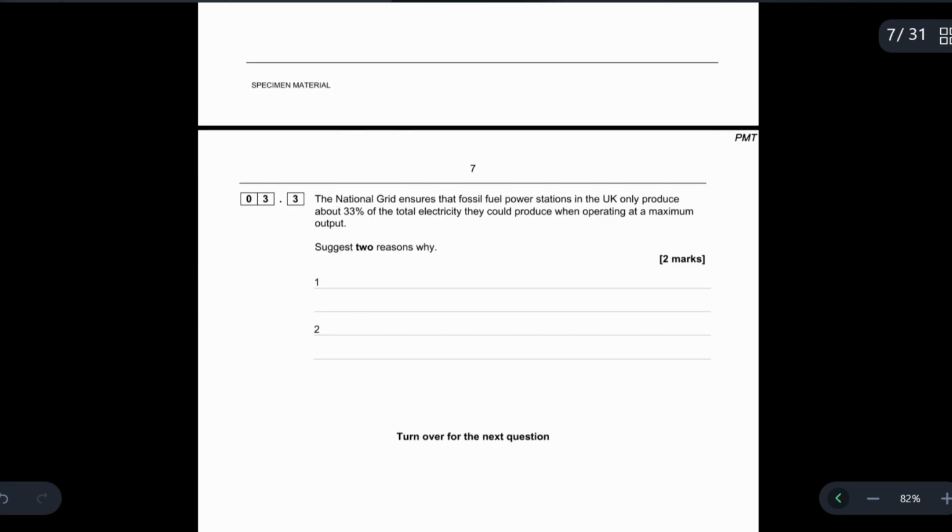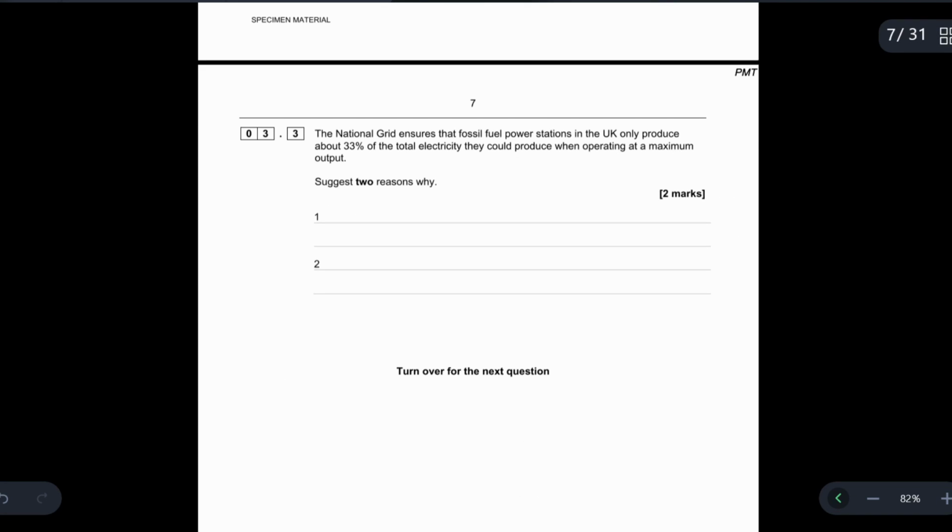Okay. 3.3. The national grid ensures that fossil fuel power stations in the UK only produce about 33% of total electricity they could produce when operating at maximum output. Suggest 2 reasons why. So what this question is asking us essentially is, when we have the national grid going, we only want to produce 33% of the total electricity from the fossil fuel power stations of their total capacity.